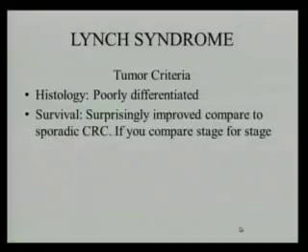What about histology? It's poorly differentiated tumors. What about survival? Surprisingly, if you compare stage for stage sporadic colorectal cancer to Lynch syndrome, they have a better survival for the colorectal cancer compared to sporadic.